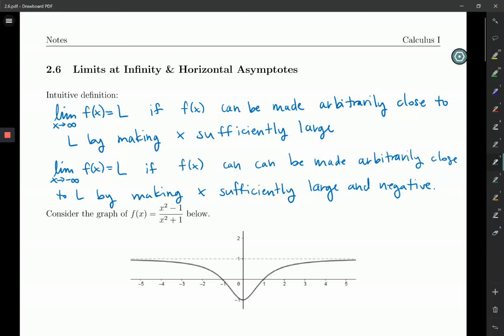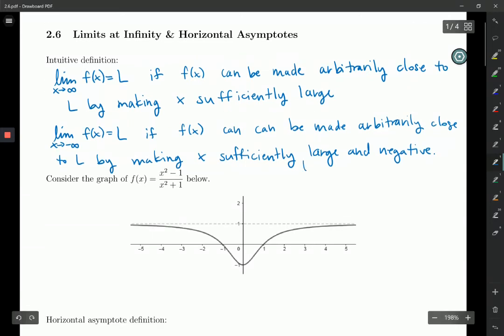So you can think of taking like large numbers like that, but in the negative direction on the number line. Okay, so this is the part that tells us that x is going to minus infinity. And here, this is the part that tells us that x is going to positive infinity.